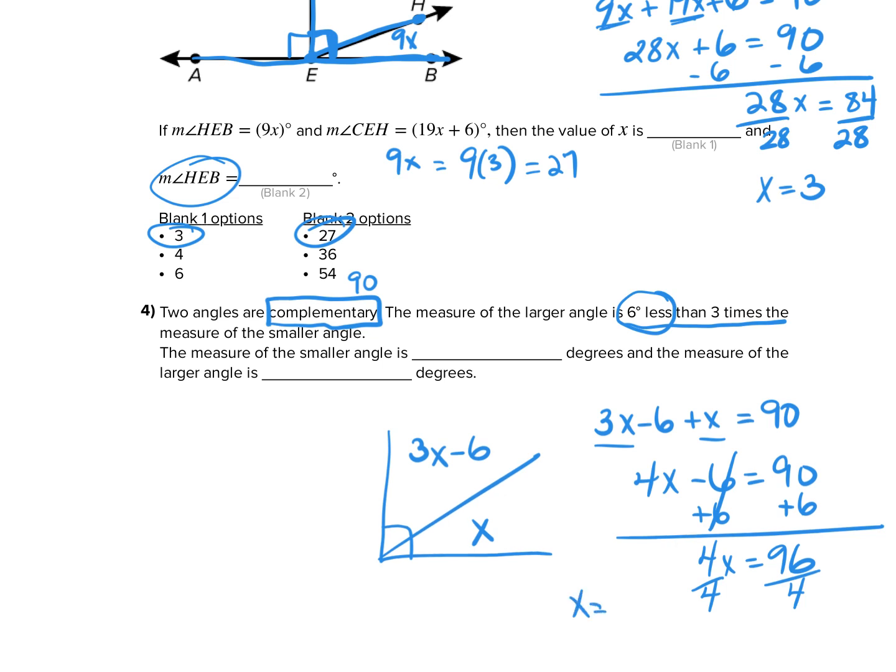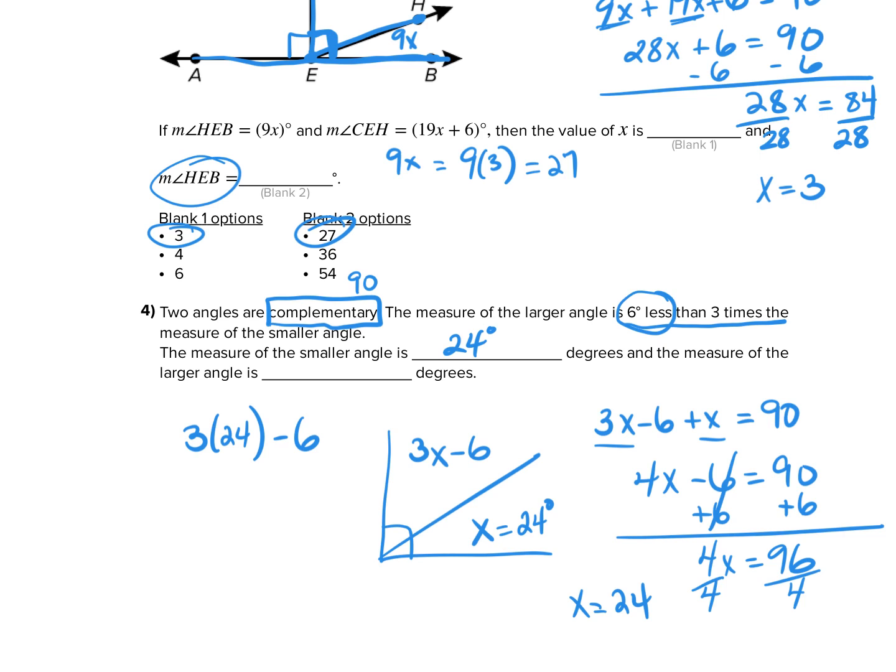So x equals 24. So because that x was the value of my smaller angle, that's the measure of the smaller angle. And to find the larger angle, I can substitute in 24 for x, multiply times 3, and subtract 6.